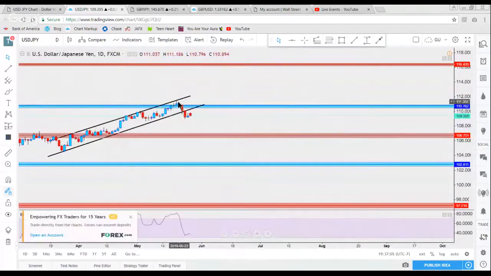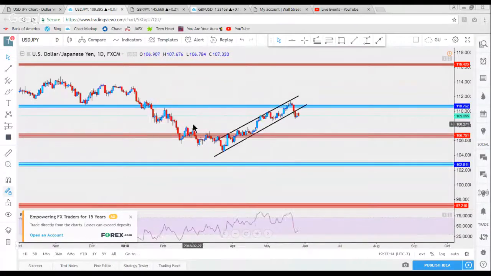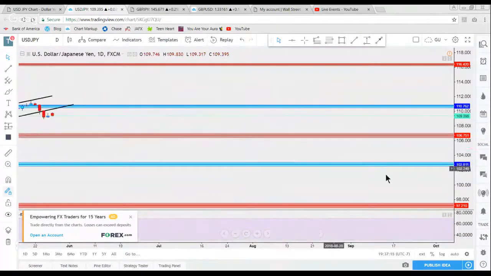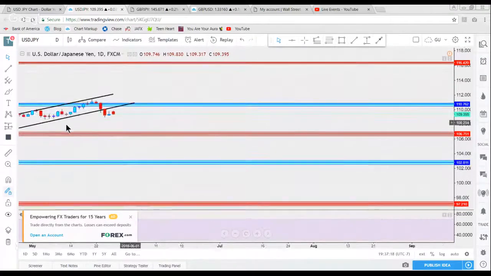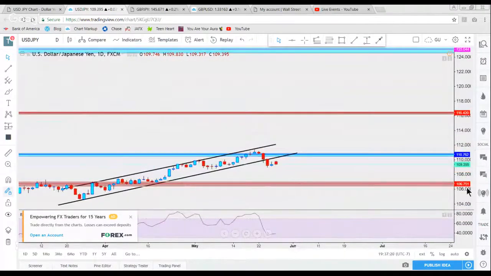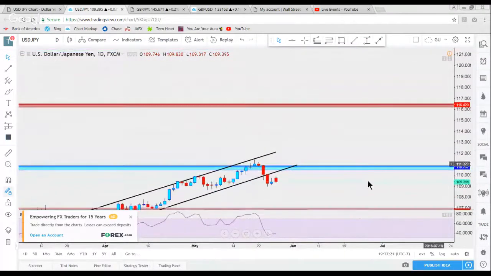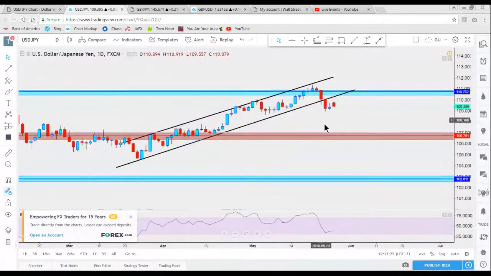And as soon as it hit this 110-ish zone, 110.500 to 111 area, it dropped off. What tried to happen also on the day, it looks like price fell, tried to retrace to about right here, and then it looks like we're going to drop off again.